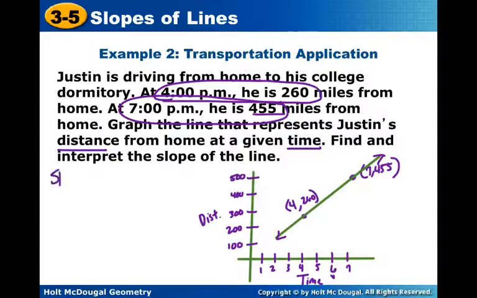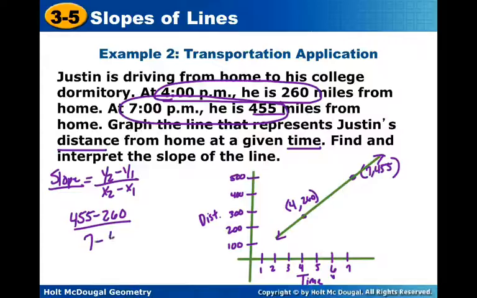Alright, remember slope is rise over run, or you could think of it as y2 minus y1 over x2 minus x1. So if we look at our 2 points, if we subtract our y's, then 455 minus 260 over subtract your x's, so 7 minus 4.